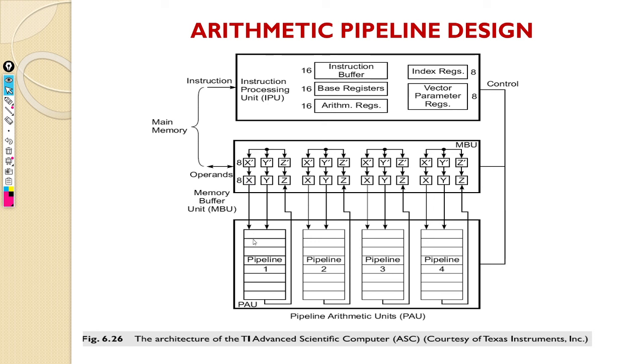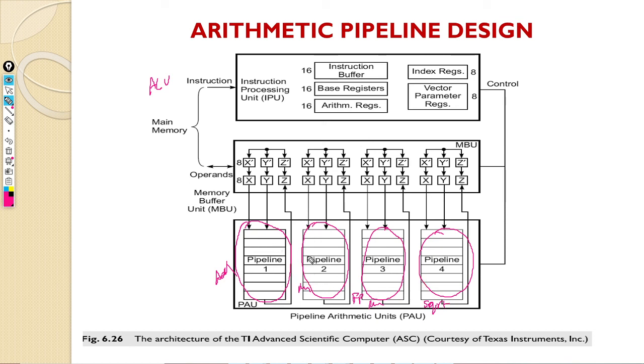And what is important here is that this is your entire ALU, and in that you have different arithmetic units. Each one is a pipeline. One could be your adder, one could be your multiplication, this would be fixed point multiplication, this could be your floating point multiplication, this could be your square root, and so on. It can be any of these.